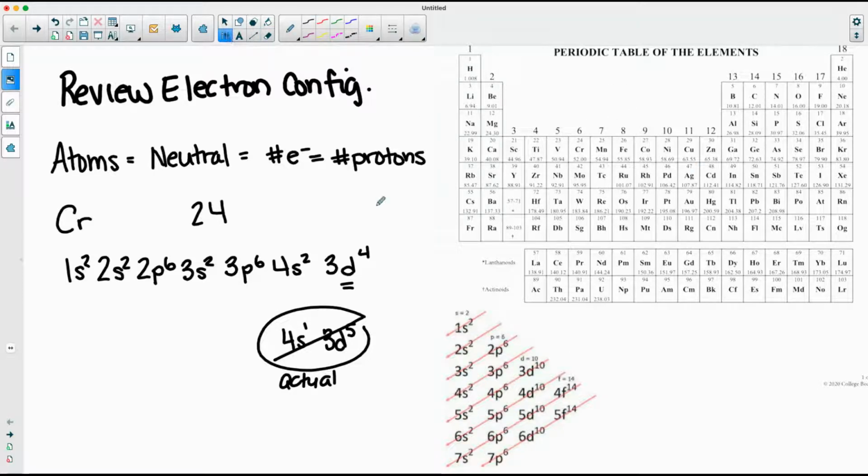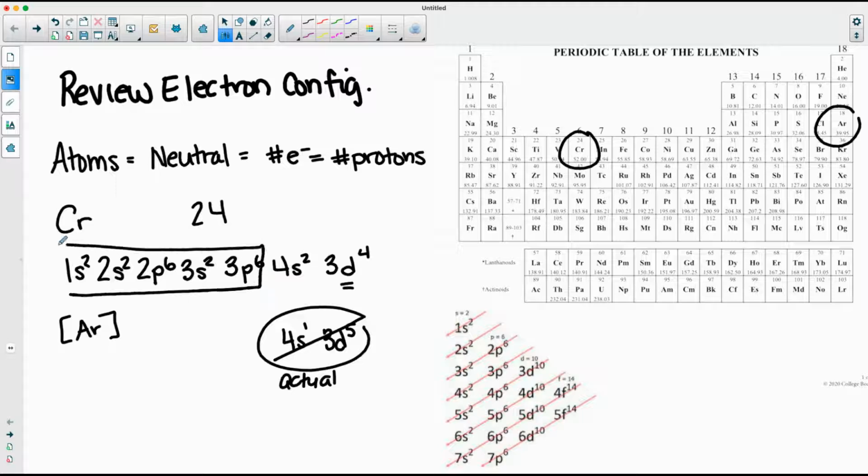So now to do the noble gas configuration, I find chromium is in period 4. I look for the noble gas that has an atomic number lower, but the closest one to it, which means that argon is going to be in brackets. Argon represents these first 18 electrons, 2, 10, 12, 18, and what is left comes after it.